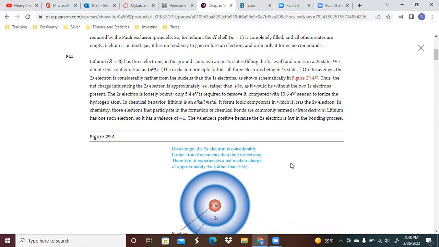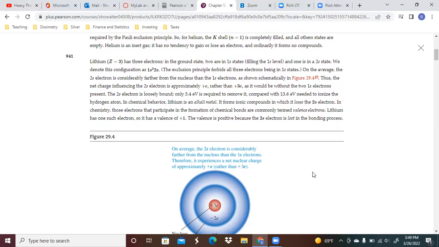Lithium has 3 electrons in the ground state. 2 are in the 1s, and then 1 is in the 2s state. And you can see the configuration here. The exclusion principle forbids all 3 electrons from being in the 1s states. On the average, the 2s electron is considered farther from the nucleus than the 1s electrons.